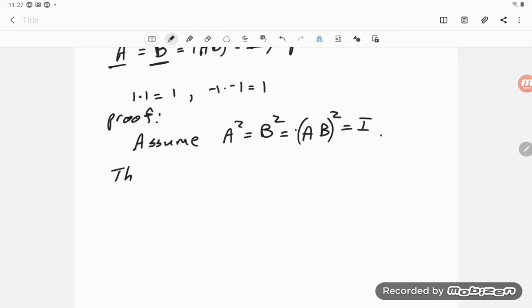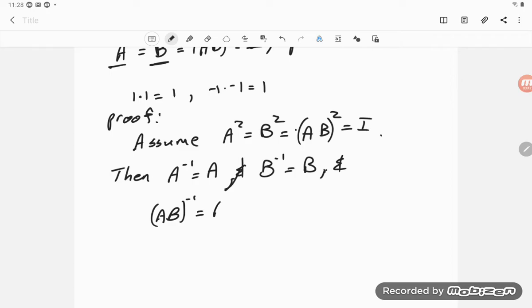So A inverse equals A and B inverse equals B. By saying A inverse equals A, I'm saying that A is non-singular and its inverse is itself. Same thing with B. And then similarly, because we squared the AB and got I, AB inverse is equal to A times B.